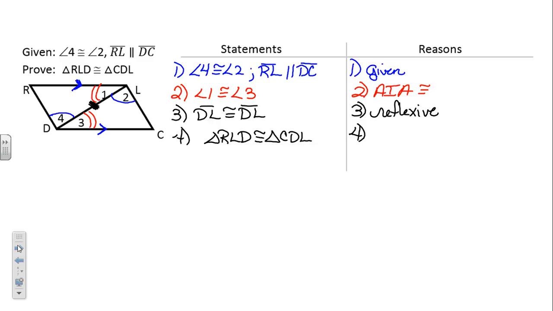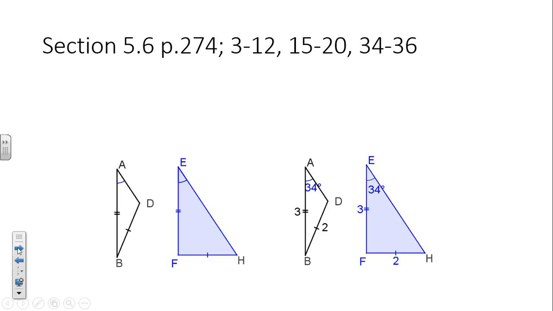Because we have an angle, a side, and an angle congruent to an angle, a side, and an angle. They're all snug up next to each other, no hops, skips, or jumps, right? The included side, so we want to put that included side in the middle. Make sense? Questions on this one? Okay, assignment. Tomorrow we have a worksheet.